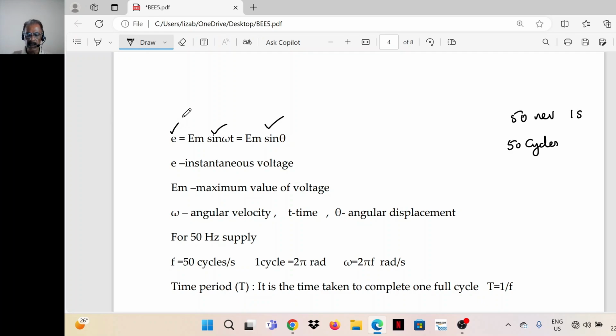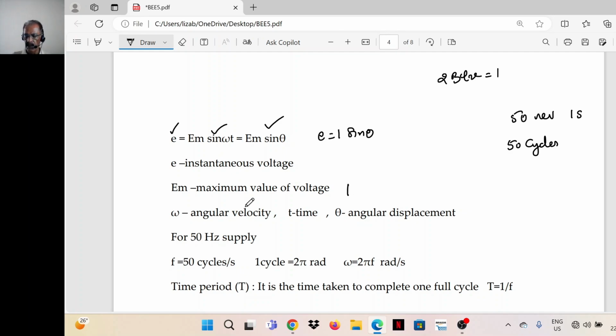Voltage at any instant is equal to maximum value into sin theta. In our case, 2 BLV, we have taken it as 1. So the equation can be written as e is equal to 1 sin theta. EMF induced in the coil is 1 sin theta, and the maximum value is equal to 1.